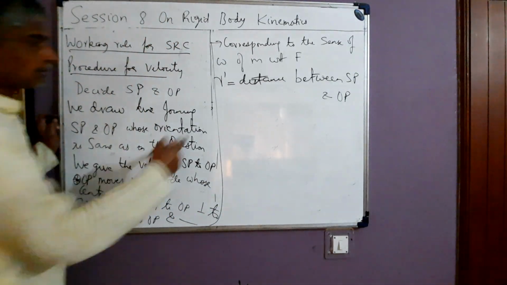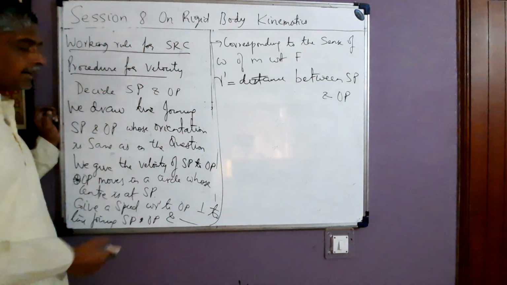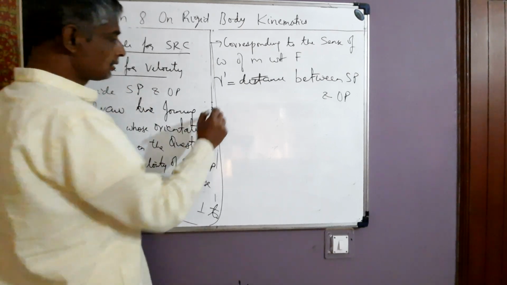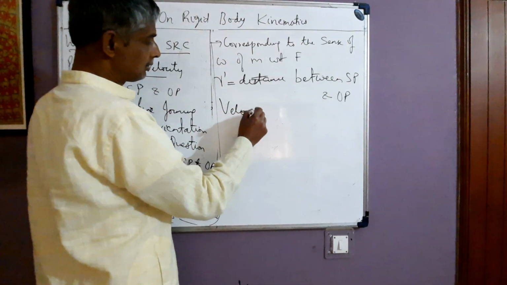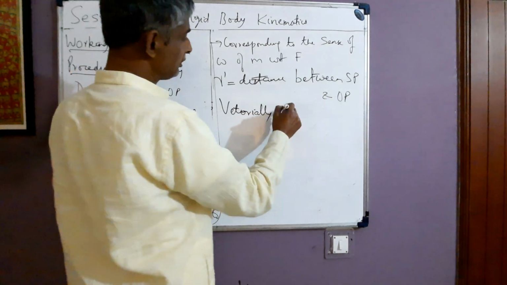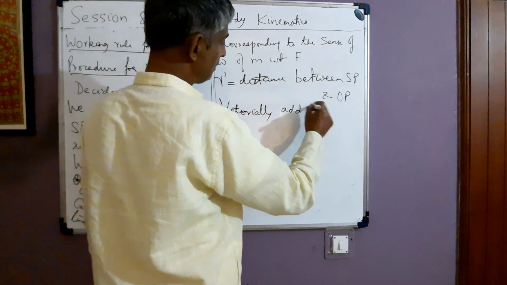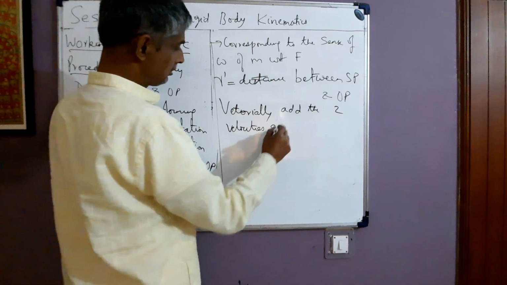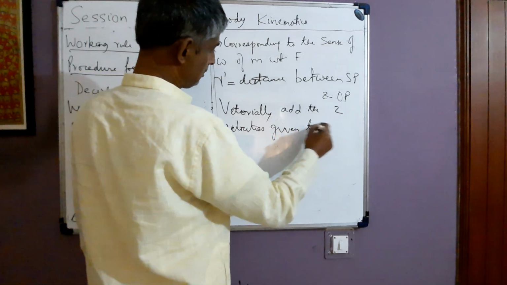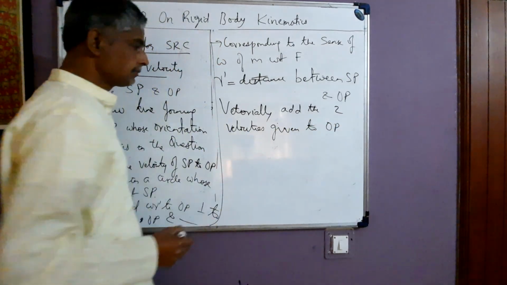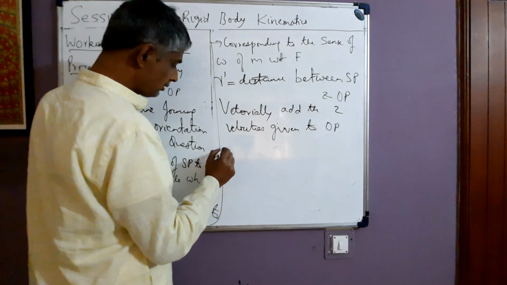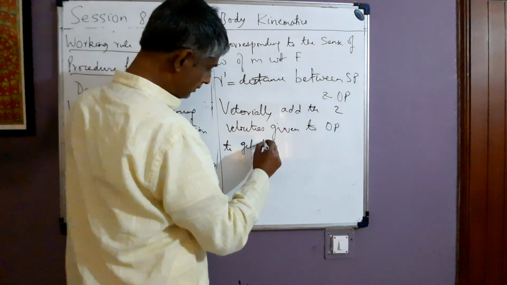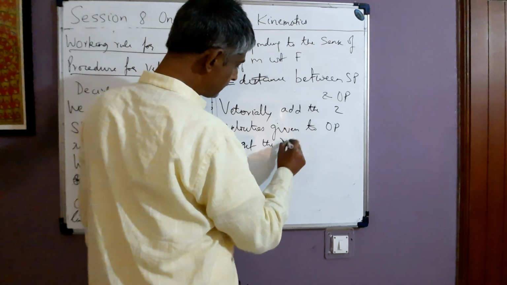And third, what we have to do lastly, we vectorially add the two velocities given to OP to get the required velocity of OP.